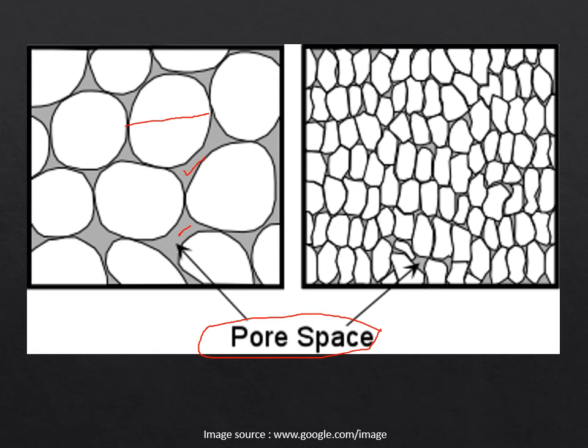If they have to move within the pore spaces, the pore spaces must be connected with each other, and this connection allows the fluid to move from one point to another in a sedimentary deposit, and that is known as permeability.